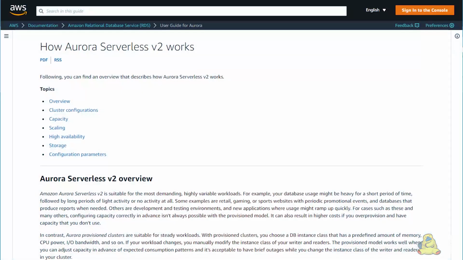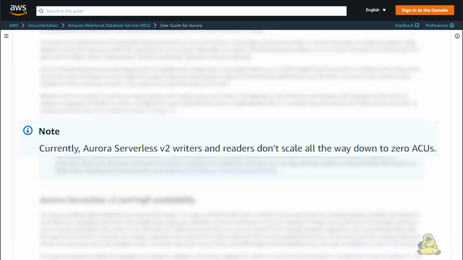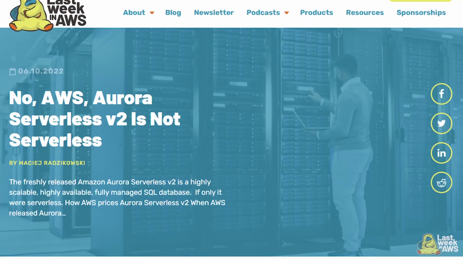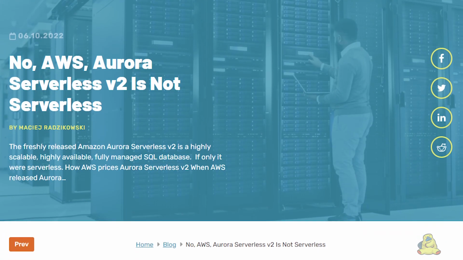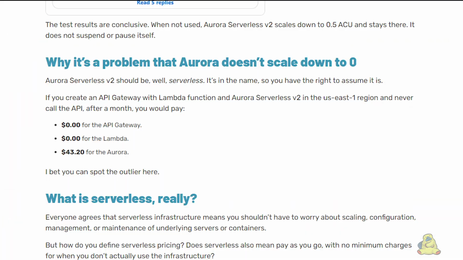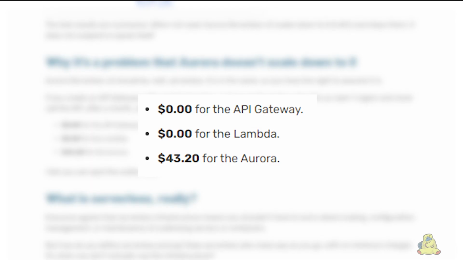Buried in the documentation, AWS states that currently, Aurora Serverless v2 writers and readers don't scale all the way down to 0 ACUs. As a result, the lowest you'll pay a month for one of these things is the princely sum of just shy of 45 bucks.